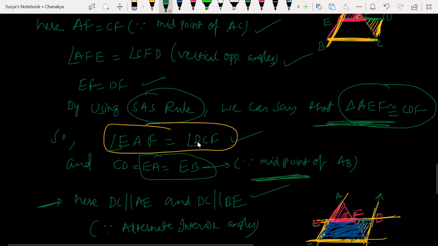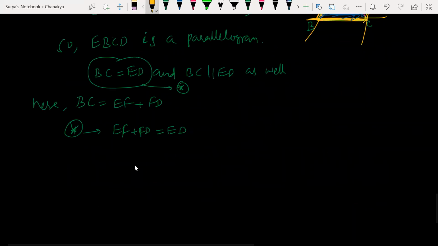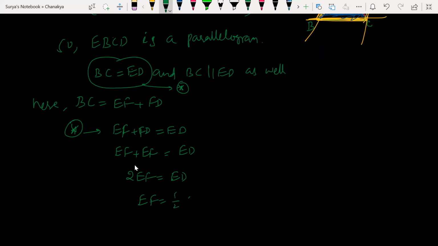EF is equal to DF, right? Yes, sir. We constructed it. EF plus EF is equal to ED. So 2 times EF is equal to ED. So EF is equal to half of ED.